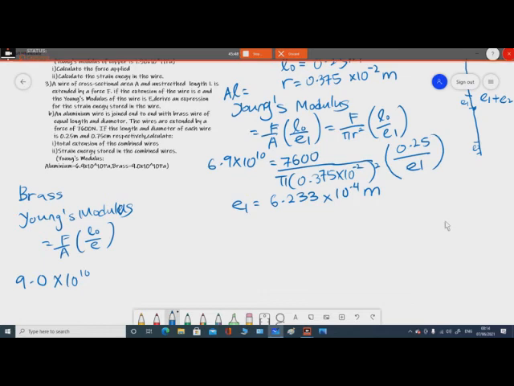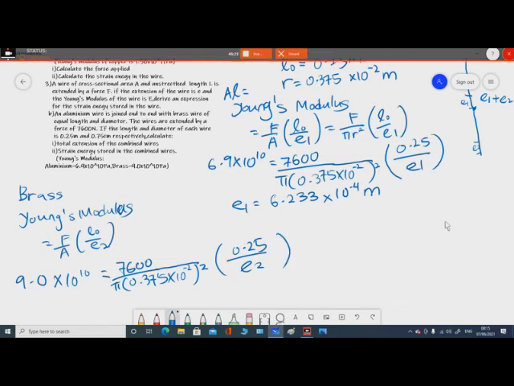The force is 7600 divided by pi r squared, with 0.375 times 10 to the power of negative 2, which is the same radius and same length, of course, 0.25, and this is E2.